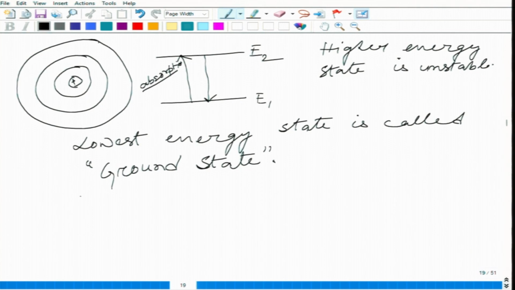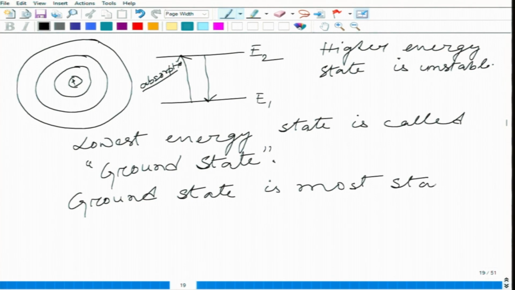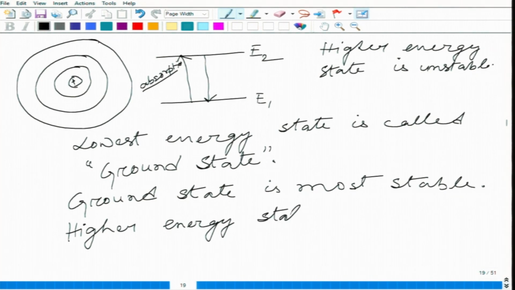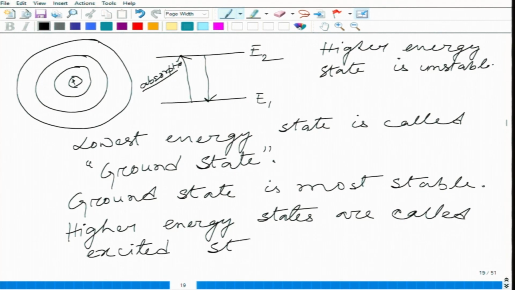Ground state is most stable, and higher energy states are called excited states.